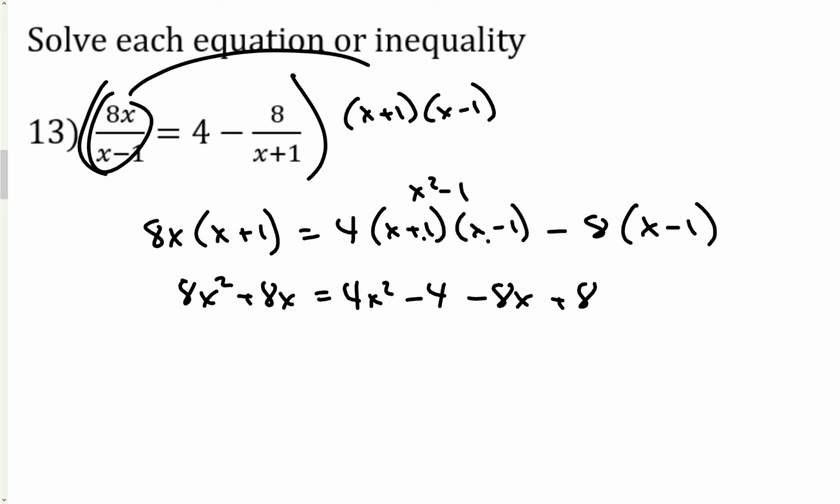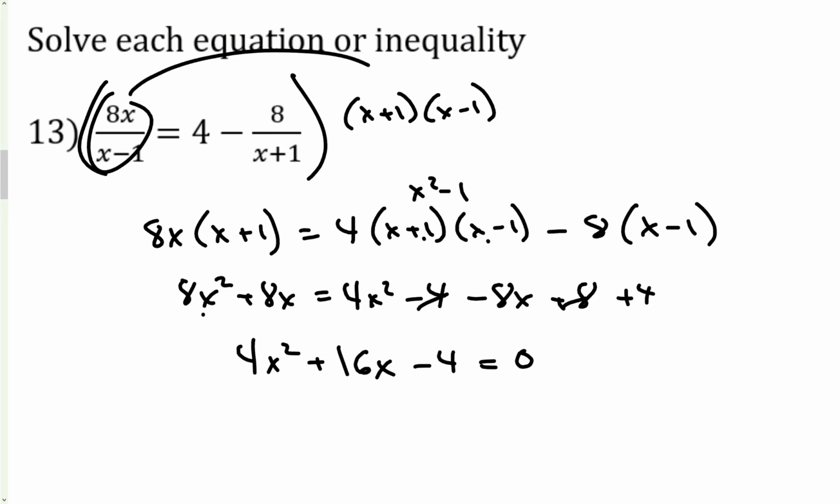Okay, let's get everything to the left because I see the squares are not going to cancel. So we have 4x squared. I'm going to subtract 4x squared from both sides, plus 16x. That turns into a 4 minus 4 is equal to 0.